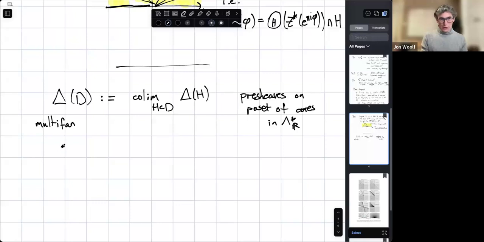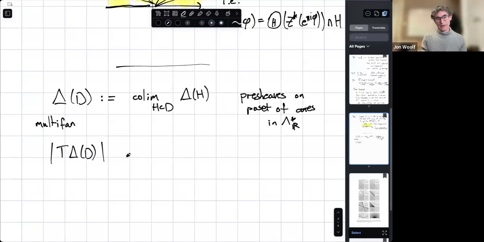And you can also play this game of looking at tangent spaces. So you can define tangent spaces at points of this, and you can define some kind of tangent multi-fan. And then you can look at realizing that as a space.